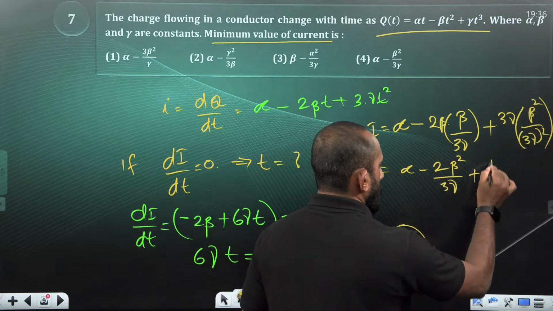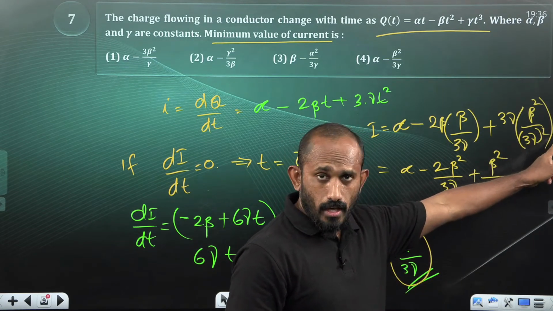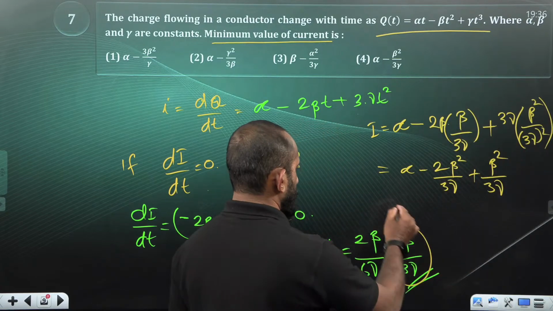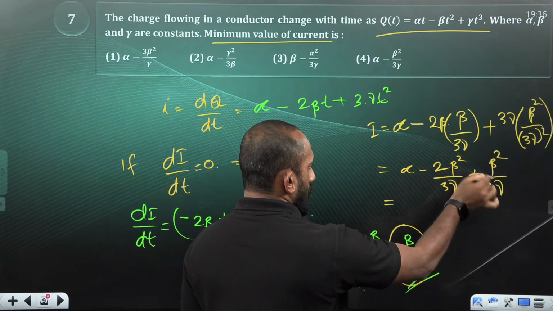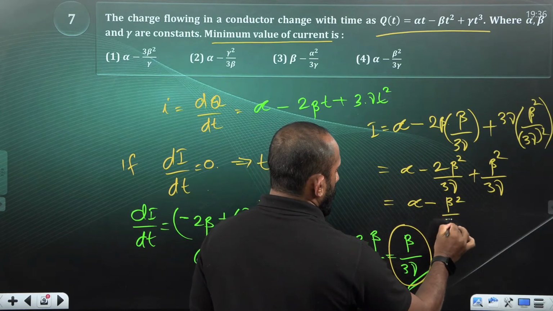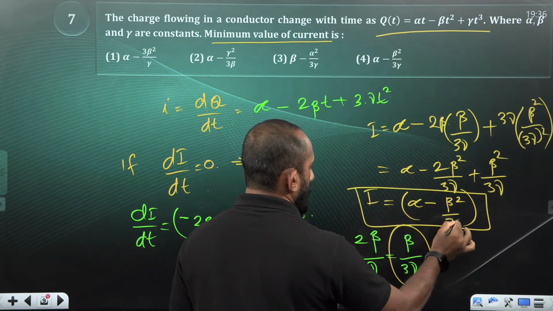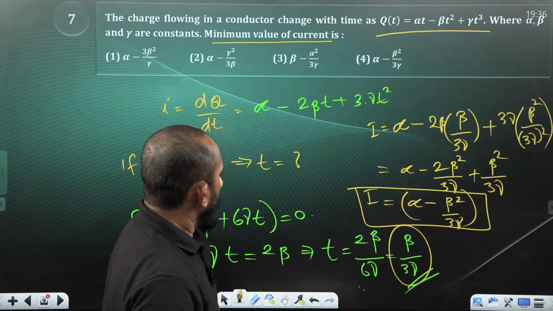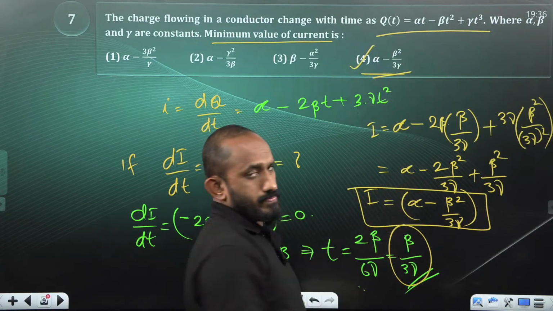Remaining will be beta square by 3 gamma. So minus 2 beta square by 3 gamma plus beta square by 3 gamma. If you cancel, it will be alpha minus beta square by 3 gamma. That is the minimum value of I. Alpha minus beta square by 3 gamma, option 4 is the correct answer.